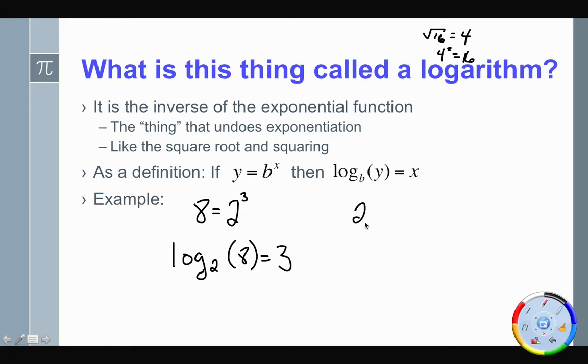So we could say things like this: 25 is equal to 5 squared, but as a logarithm, we could say this is log base 5, because the base of the exponent is 5, of 25 is equal to 2. And we can make all sorts of statements like this.